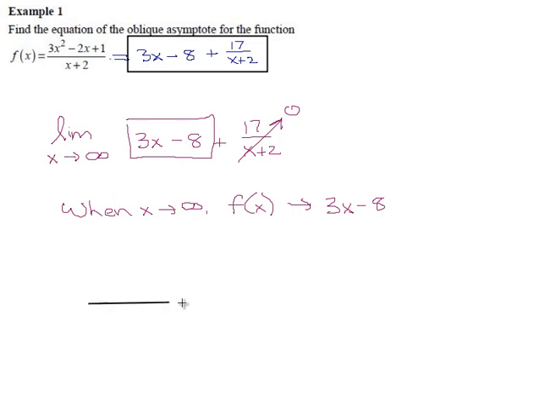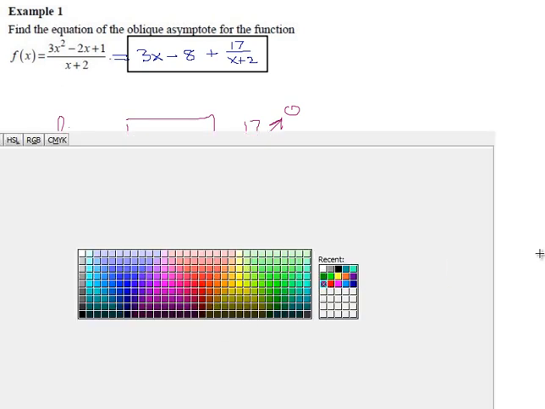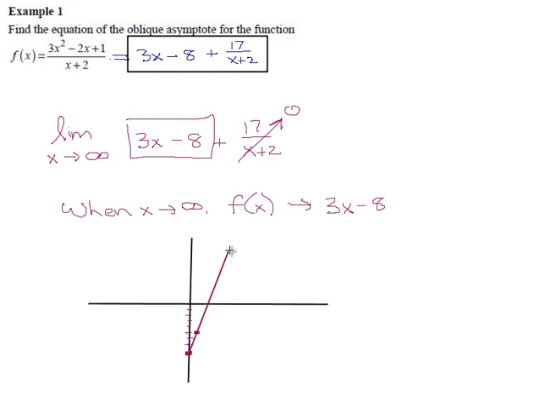So that means if you're drawing the graph of this thing, one, two, three, four, five, six, seven, 8. There's our y-intercept of 3x minus 8. Its slope is 3, so up 3 over 1. Let's go to a different color. That line is our oblique asymptote.